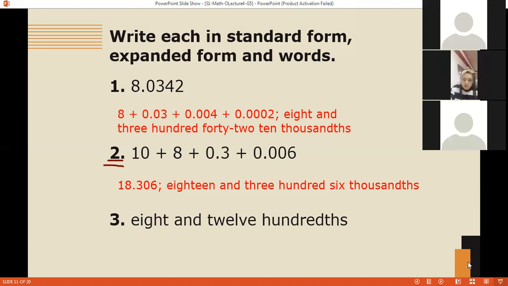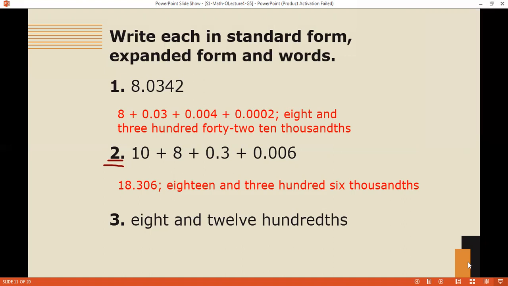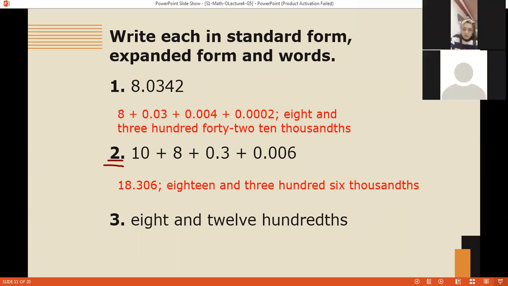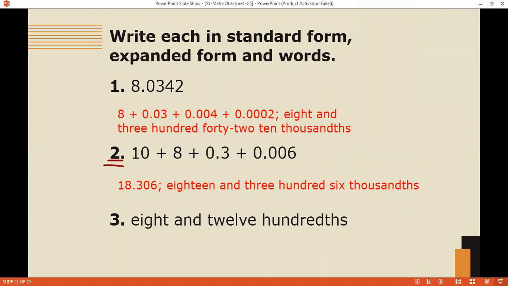Miss, can I try the third one? Ali. Yes, yalla number 3. Number 3. 8 plus 0.1 plus 0.002.